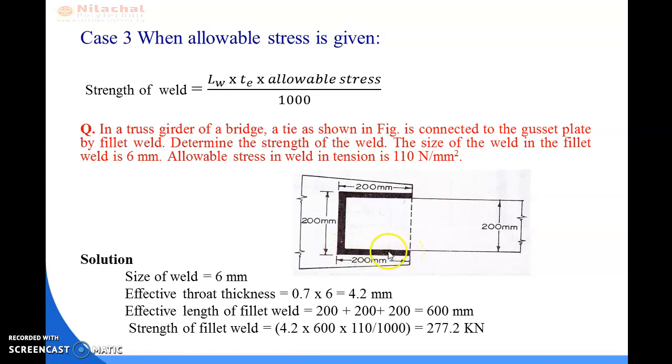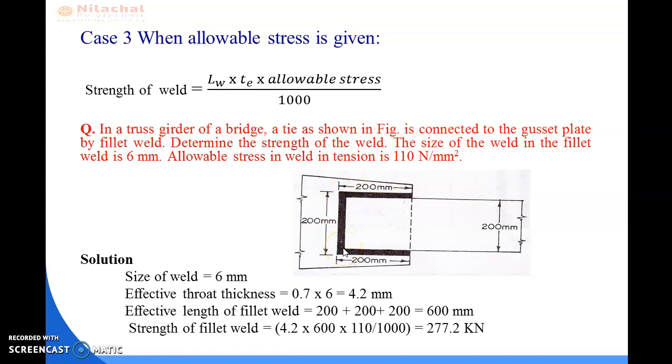So here you can see the welding is provided on the side and at the end of the edge. That means on three sides of the plate welding connection is given. What kind of welding? It is a type of fillet welding.